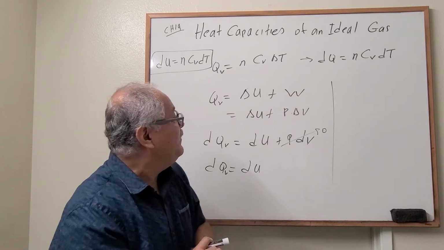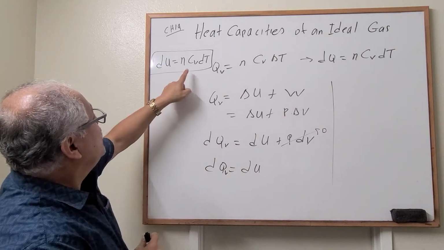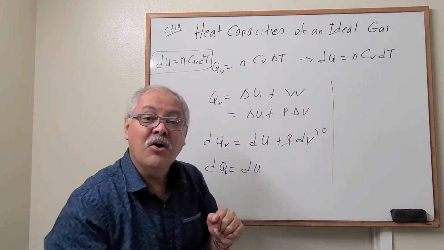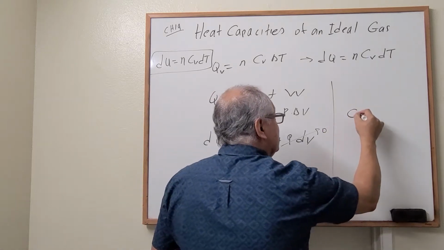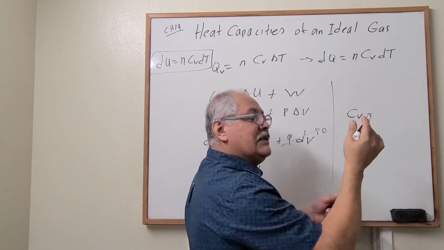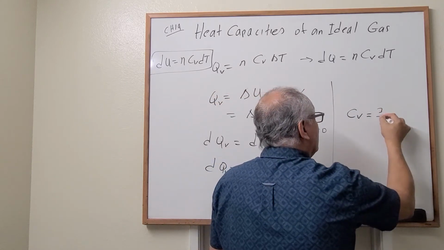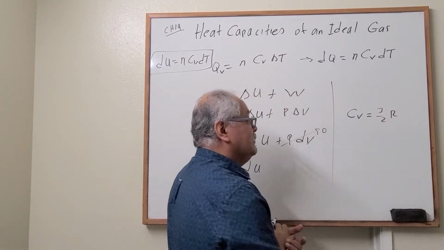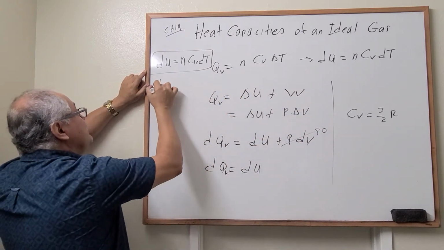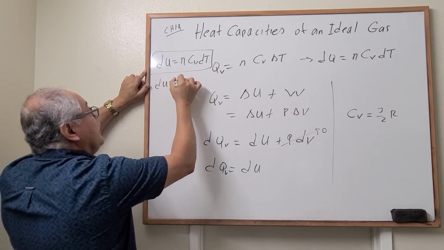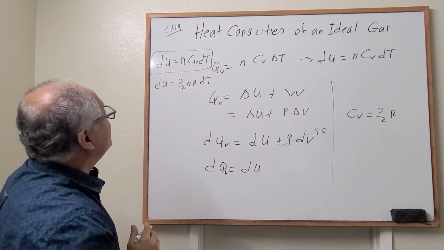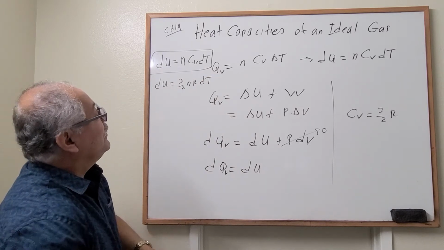Got it? Perfect. Now, we found also that for a monatomic ideal gas, this molar heat capacity is equal to 3/2 R. We substitute this value right here, and we find that this is equal to 3/2 n R dT.